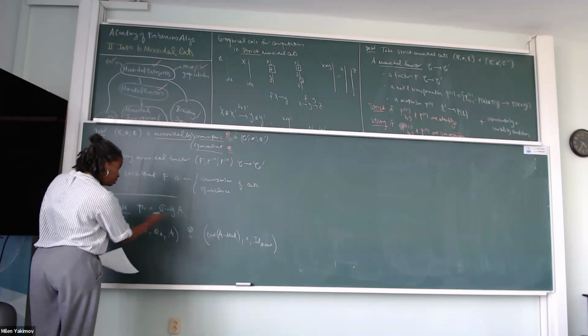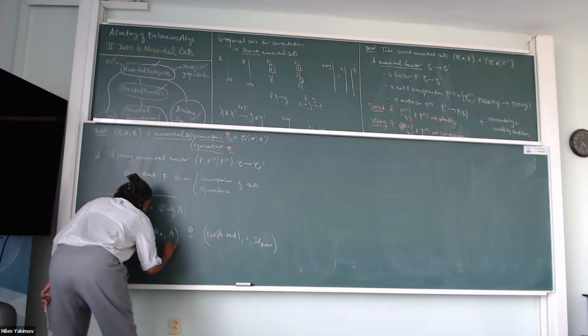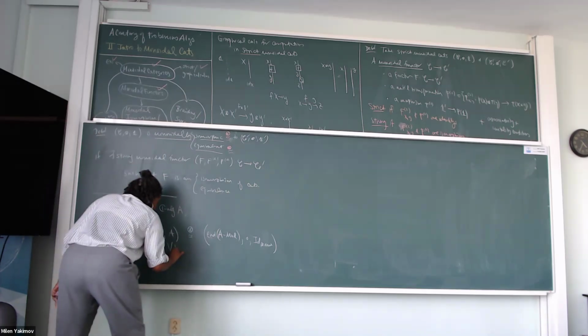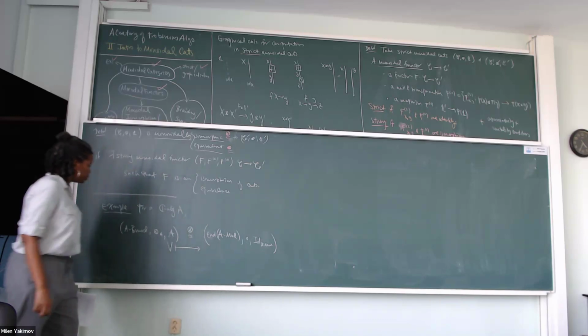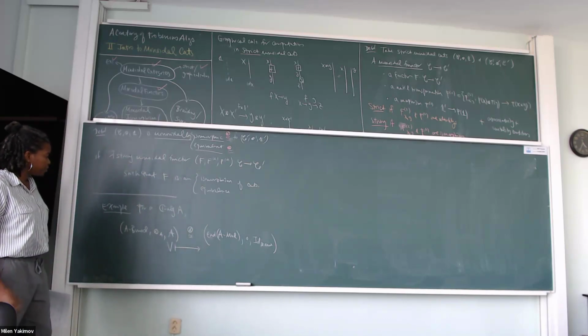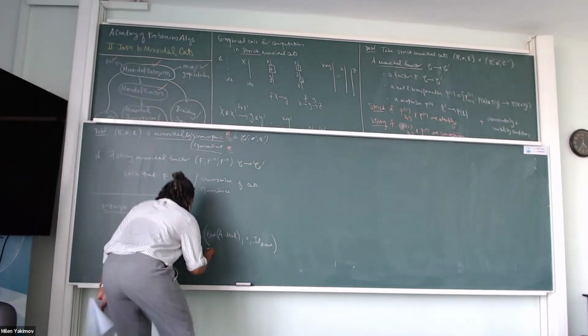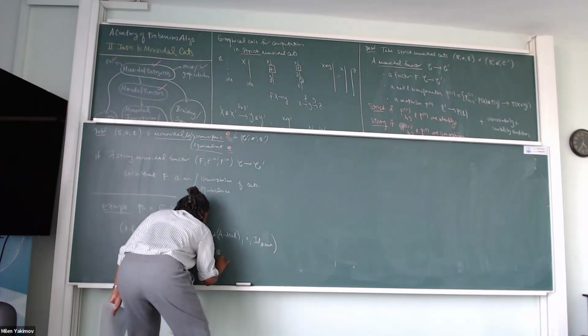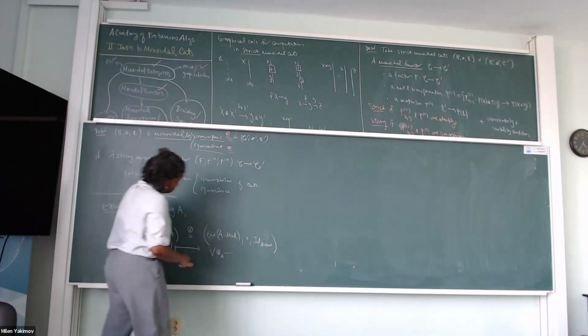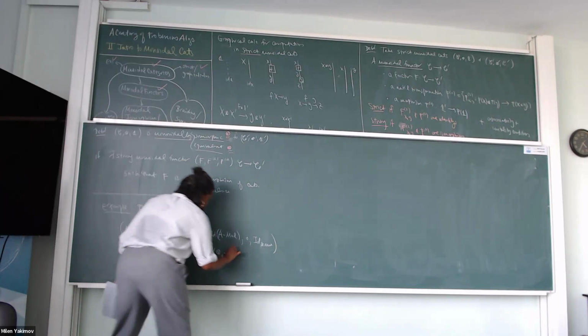Now, how do we get the correspondence here? What we do is we take a bimodule B, and we need to send it to an endofunctor going from A mod to A mod. So that's going to be sent to the functor given by B tensor over A blank.